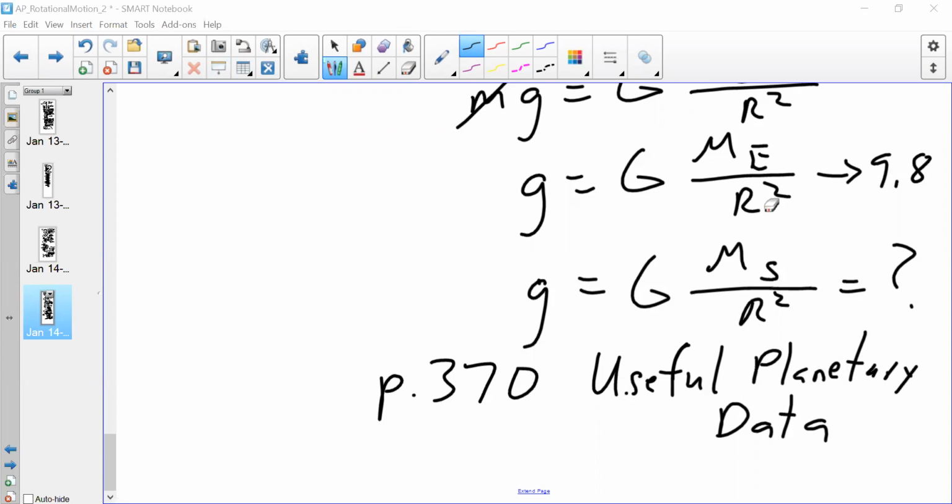So this is radius of Earth. Why did that go away like that? Radius of Earth and radius of Saturn. This shouldn't take too long.